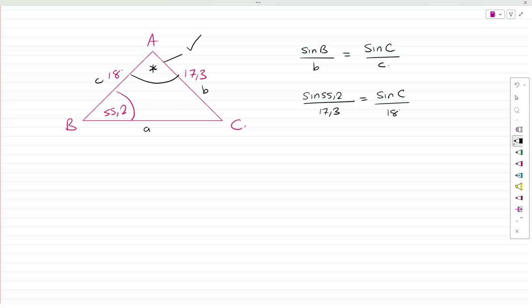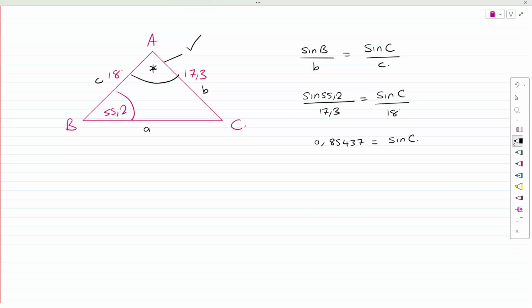Now, guys, I'm going to simplify in one step just because I taught you guys this already. Okay, so after I simplify this, I get 0.85437 some change, and that's sine C.